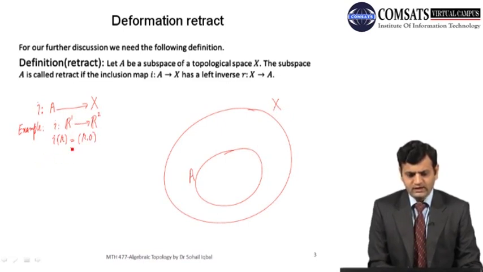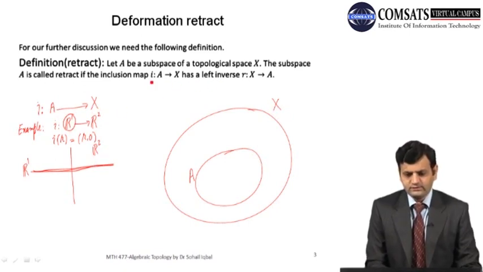So basically we have R2 as a plane, and I'm identifying this R with this x-axis. So in other words we can say that this R1 is a subspace of R2. So that's what this embedding map means. So we are taking elements of A and we are identifying them as elements of X.